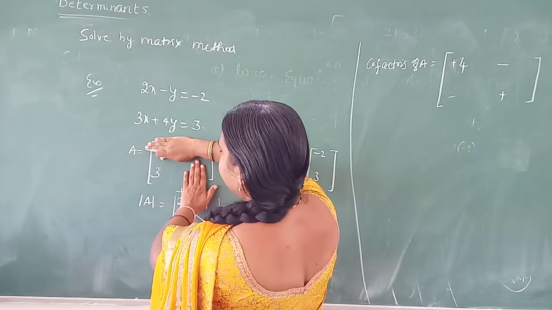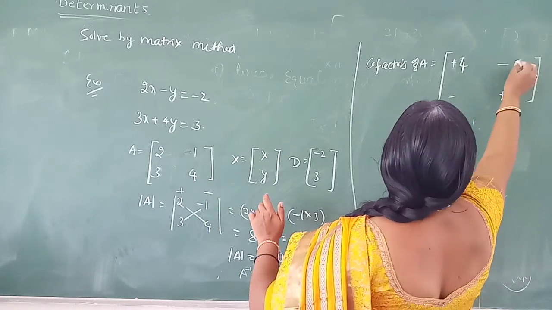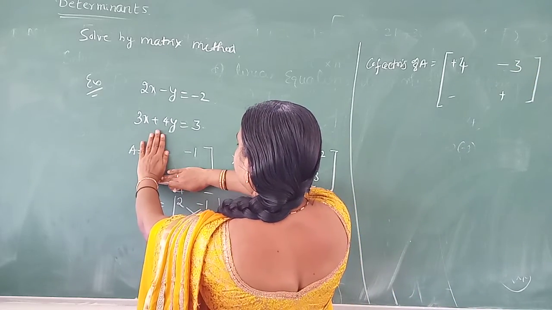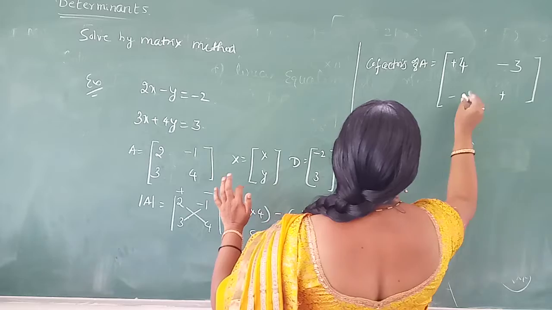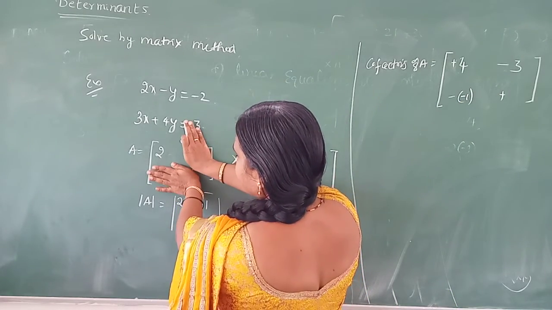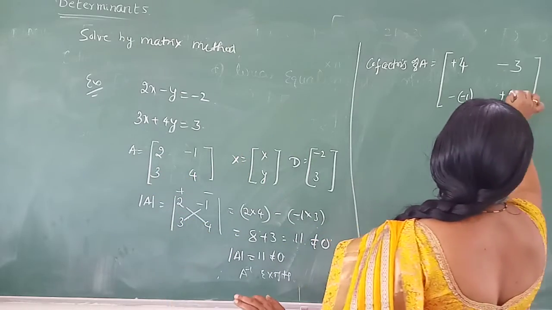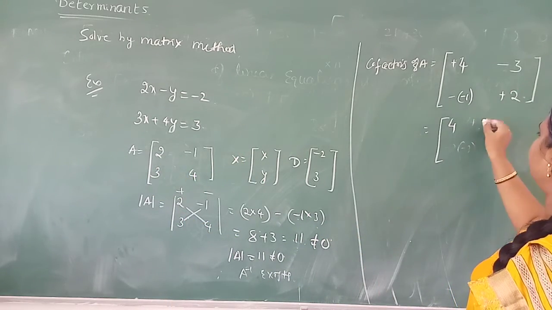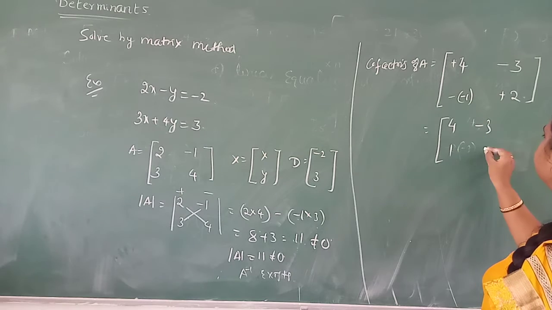Remove the corresponding row and column. What remains is 3. Next, minor of 3. What remains is minus 1. Minor of 4. What remains is 2. So the cofactors are 4, minus 3, minus into minus becomes plus 1, 2.